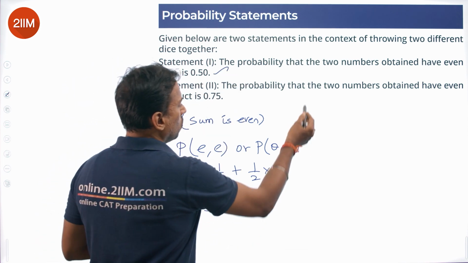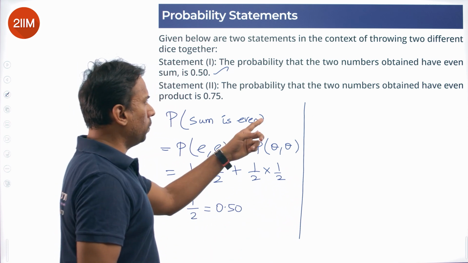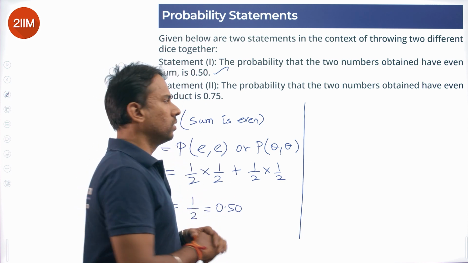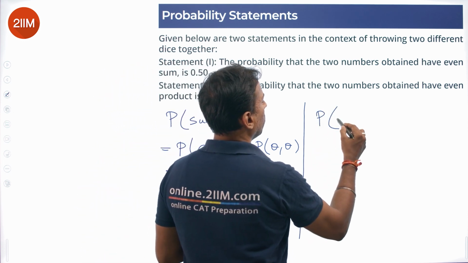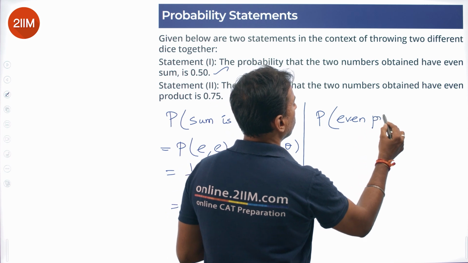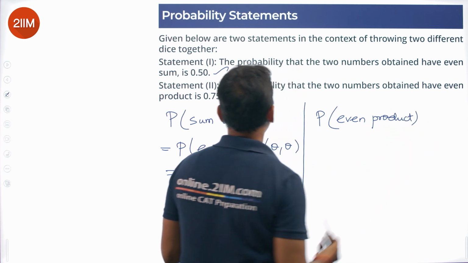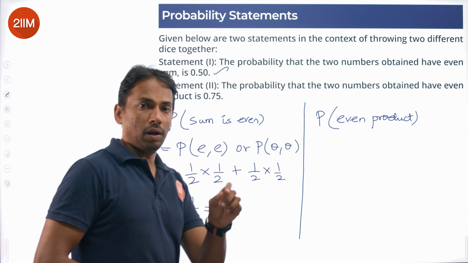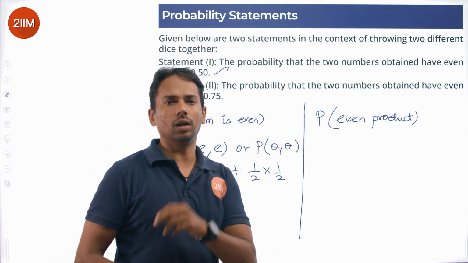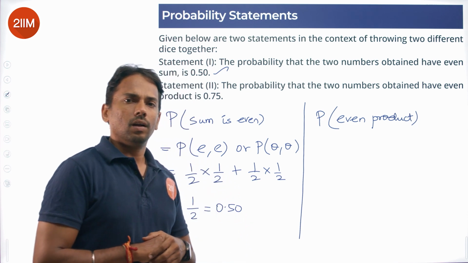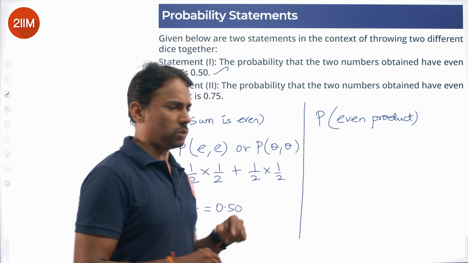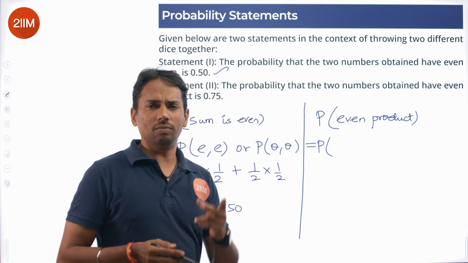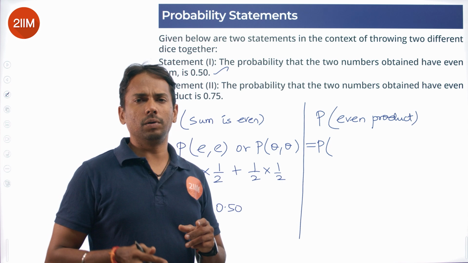We'll check 2. Statement 2 says the probability that the two numbers obtained have an even product is 0.75. So probability of getting an even product. For even sum, it's 0.5, that's verified. Even product: when we multiply the two numbers shown in the result, that should be even. When is that possible? Simply think, we have two natural numbers from 1 to 6.